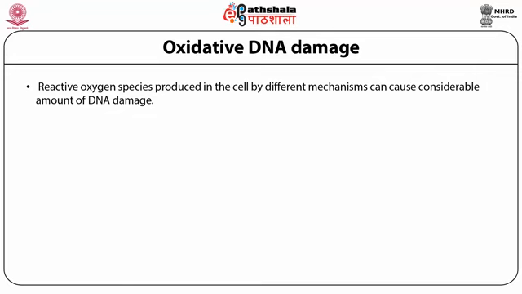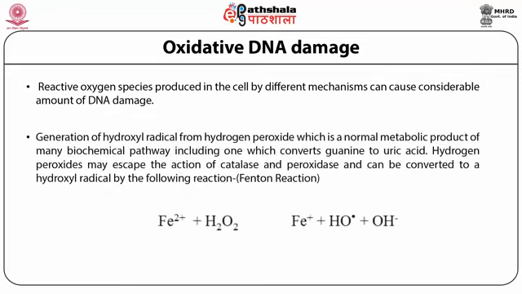The primary reason for this is the generation of hydroxyl radical from hydrogen peroxide, which is a normal metabolic product of many biochemical pathways, including one which converts guanine to uric acid. Hydrogen peroxide may escape the action of catalase and peroxidase and can be converted to a hydroxyl radical by the Fenton reaction.